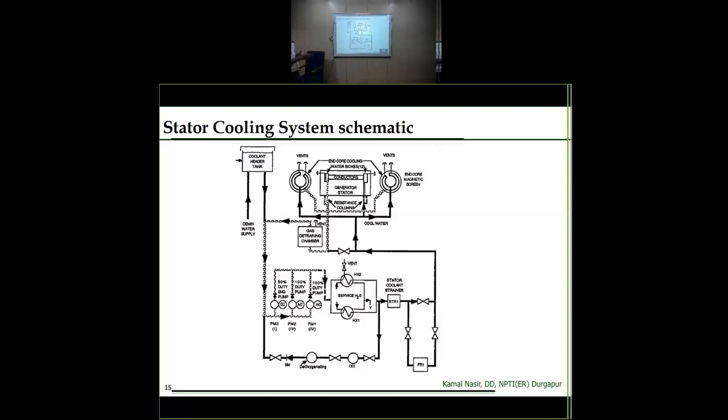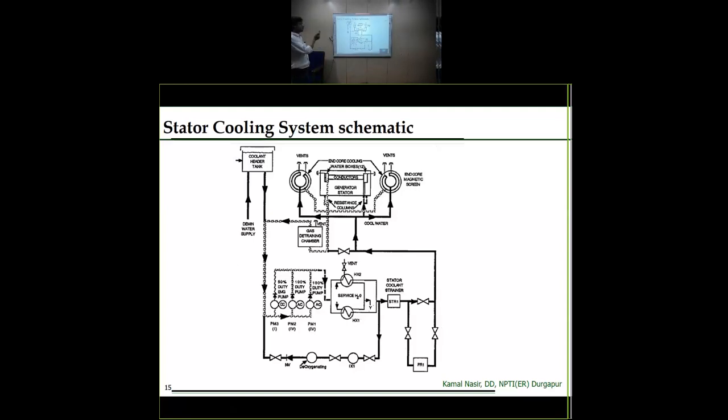Then after the header, we have a return header, so that if any gas has collected in it, it will be removed in the gas retaining chamber, and then the water will again be fed to the inlet of the pump itself. In this process we have a deoxygenating chamber also. So this closed loop system is used to cool the stator.